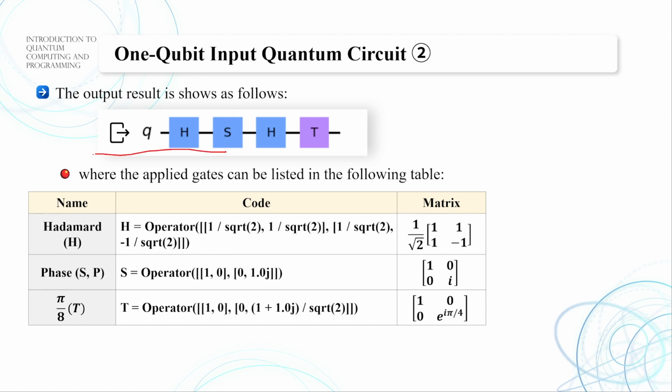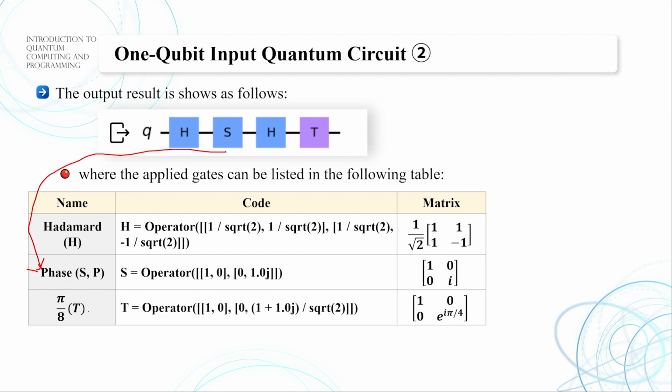And we have T, similar, this T operator. Remember we have 6 essential quantum gates from the previous lesson, so try to remember.